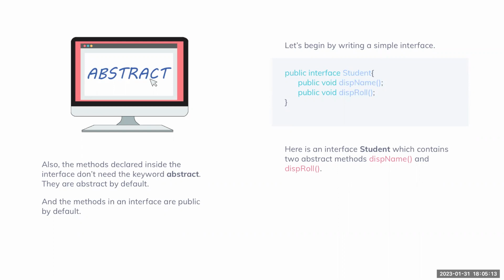And the methods in an interface are public by default. So this is how we write an interface: a public interface Student, and we use void displayName, void displayRollNumber as interface methods, which contains two abstract methods, display name and display roll number.